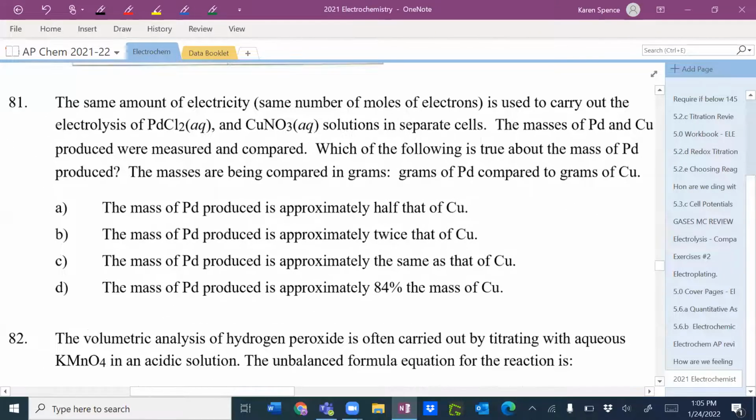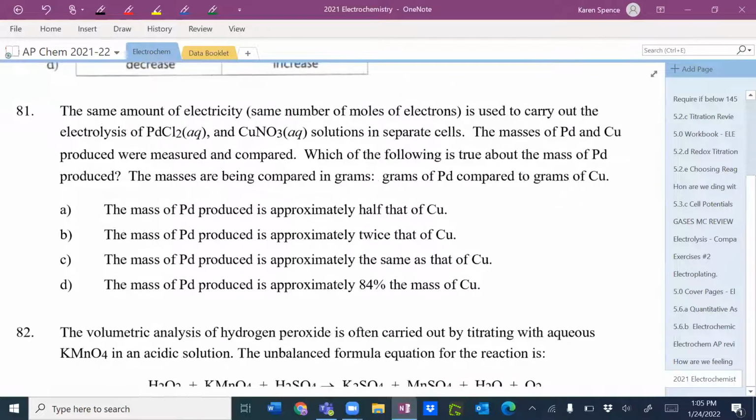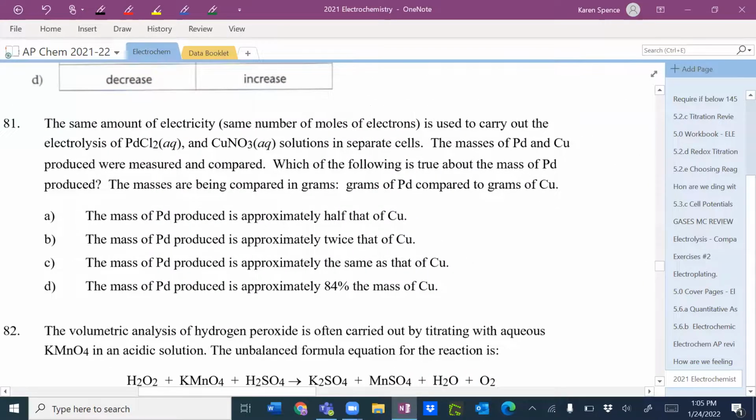81. The same amount of electricity, same moles of electrons, is used to carry out. I'm just a little bit weirded out by the fact that I've got copper 1 here.